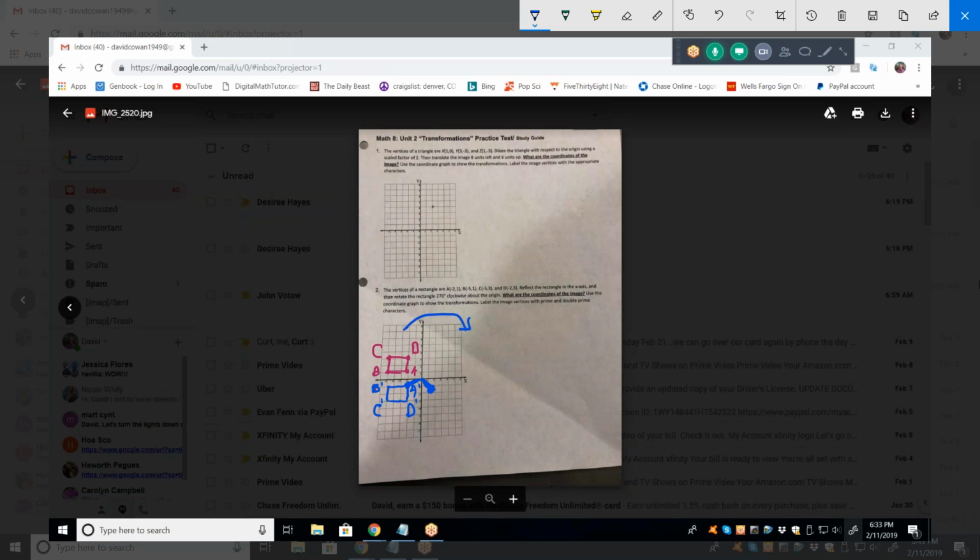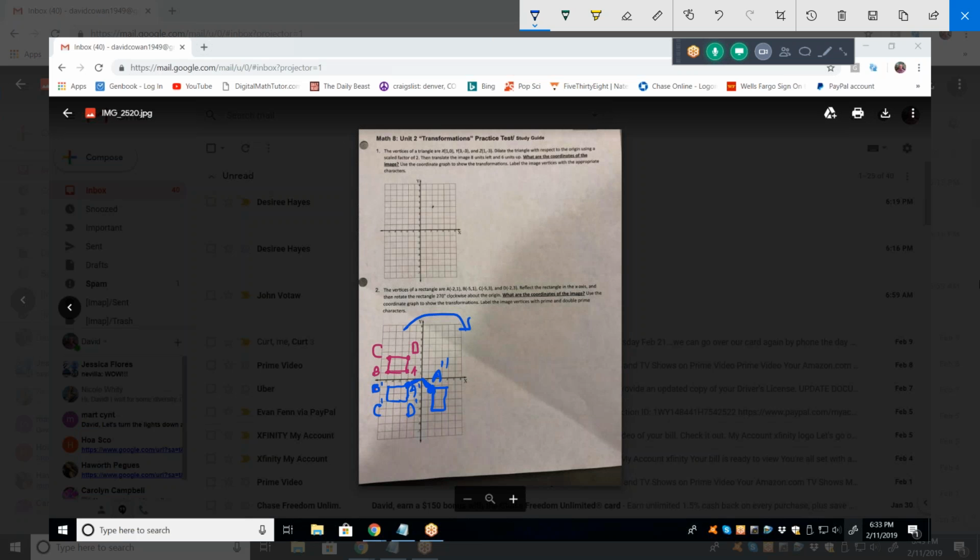So now, when I rotate this whole thing around 270 degrees, it should look something, if I'm not mistaken, like this. And I know that that is A double prime because the A's have to match up.